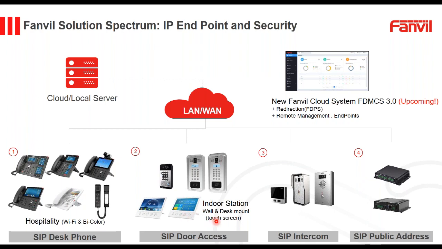Indoors, we also have what we call indoor stations, which is a reformatted phone that allows the client to see who's at the door, with integrated Wi-Fi and a speakerphone in a small platform with a few speed dials for quick access, like opening the door and seeing who's at the door, as a complement.